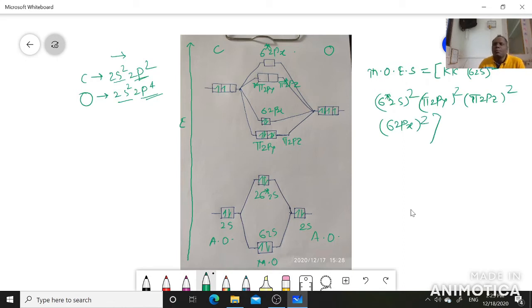All these make up the molecular orbital electronic configuration of the carbon monoxide molecule.